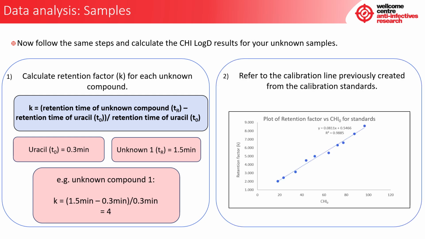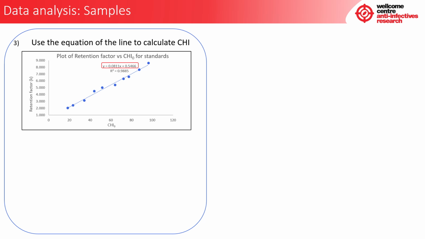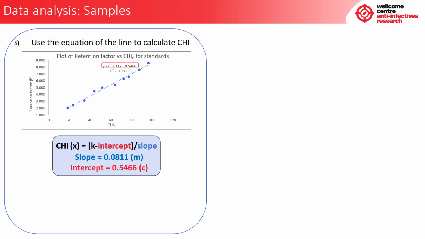Step 2 is to refer to the calibration line previously created from the calibration standards. Step 3. Use the equation of the line to calculate chi, where chi equals retention factor minus intercept divided by slope. From our line, our slope is 0.0811 and our intercept is 0.5466.